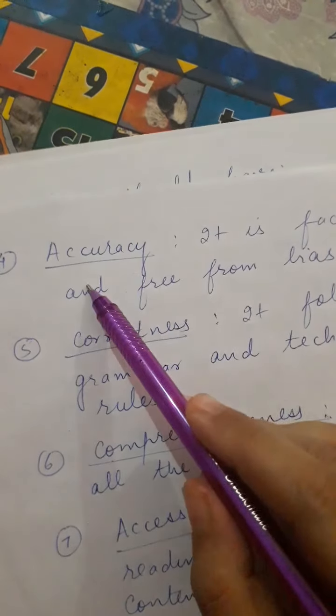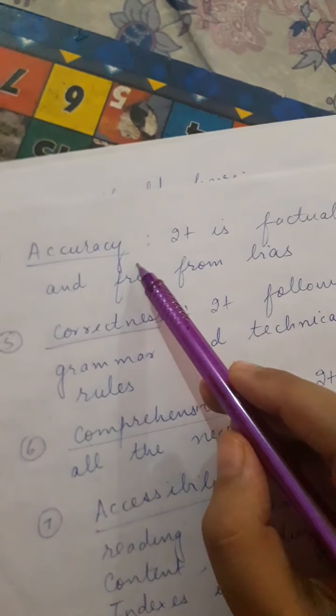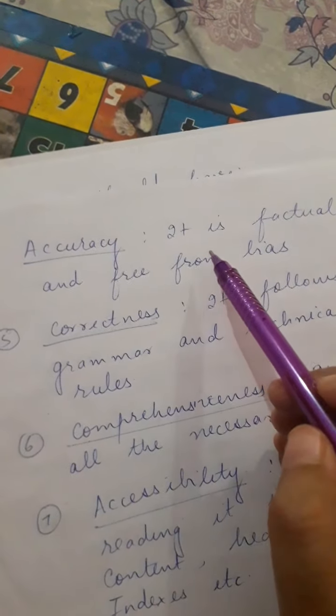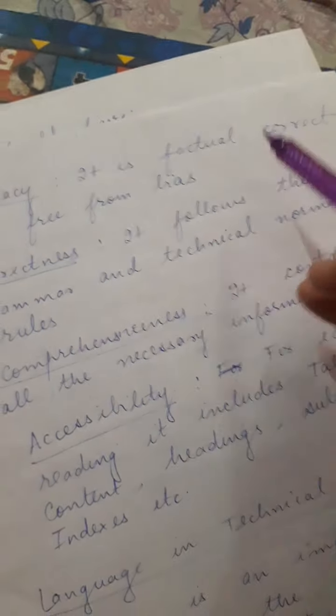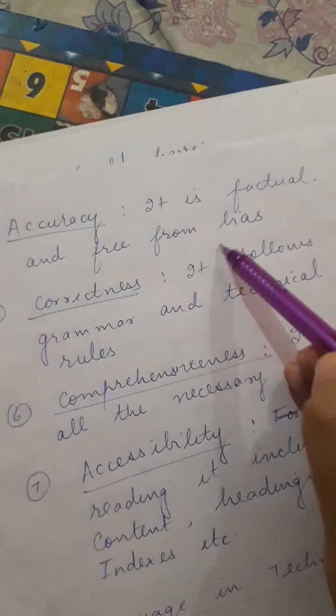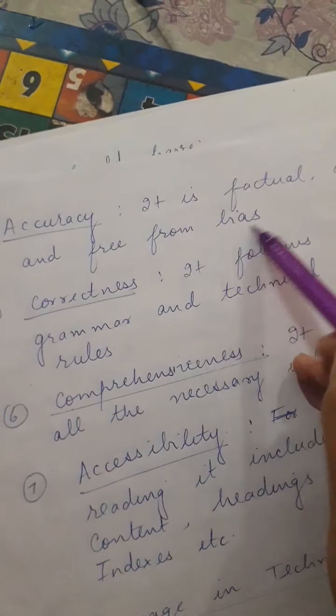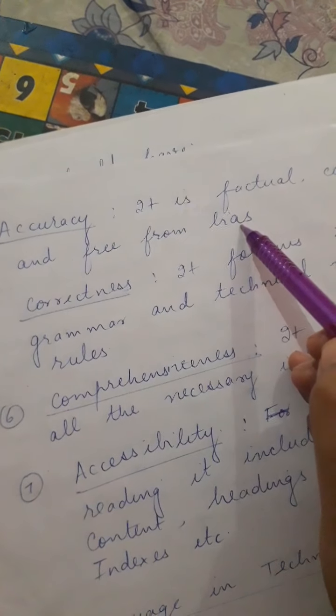Next important point is accuracy. Your technical writing should be very accurate. It should not have any individual opinion or individual preference, and facts should be checked and free from any bias. By bias we mean any of my preference.